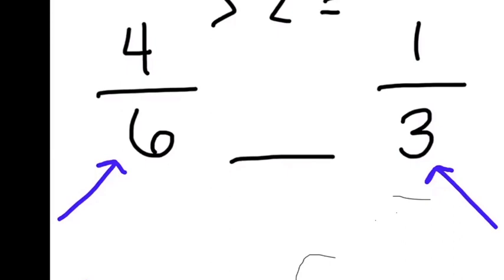Great job. So 4 of 6 pieces is greater than 2 of the 6 pieces that our whole is broken into. Okay. Any questions on that? Right? What if we have something that looks like this?